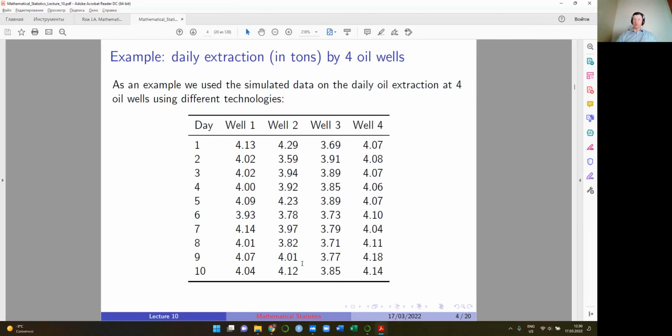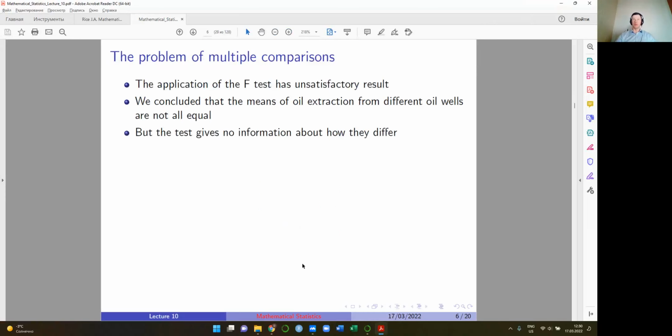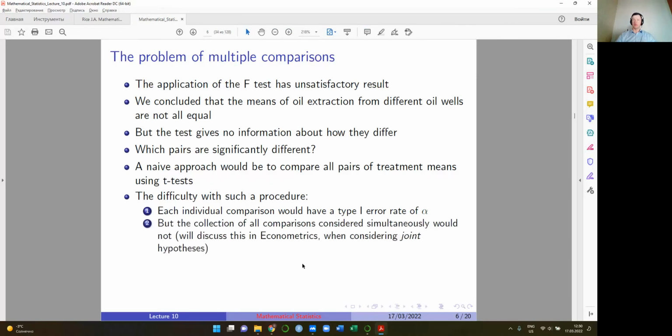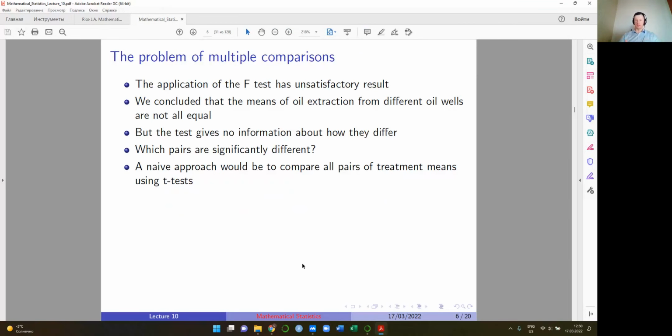The problem is that we have somehow related observations. And the problem is that once we want to test this pairwise hypothesis about the population means for each pair of wells, this approach will have the following problem.